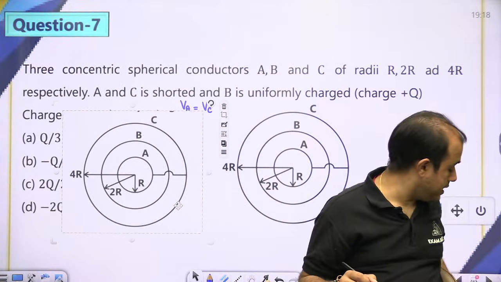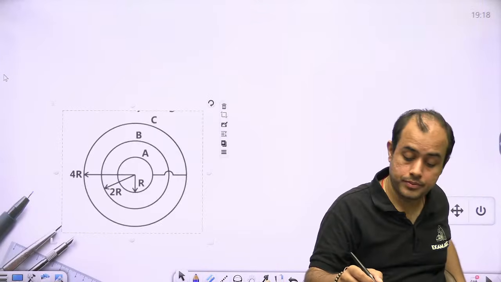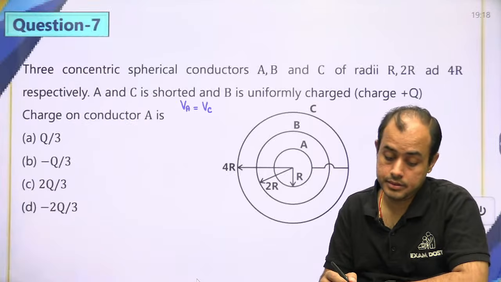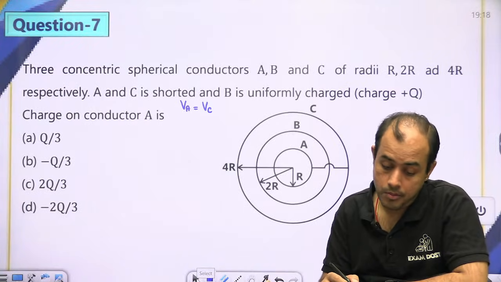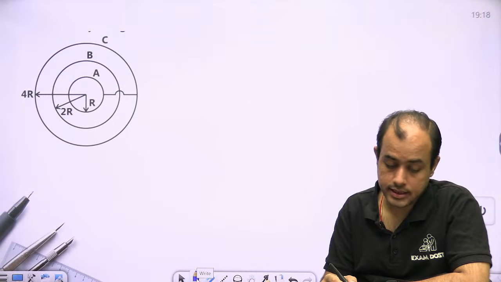Now B is given a charge of plus Q. What is the charge on conductor A?